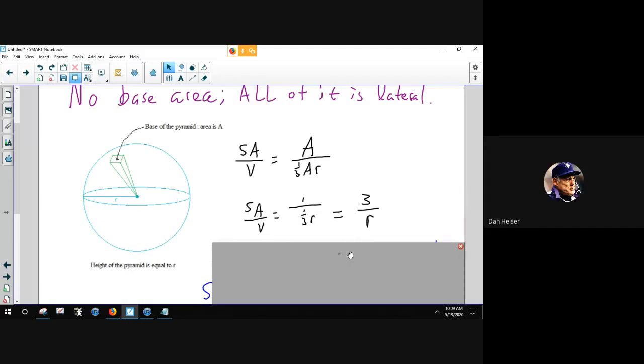So let's work with this a little bit. We can cancel the A's to get this ratio 1 over 1/3 R. We can clean that up a little bit. For the pyramid, the ratio of its surface area to volume is 3 to R.